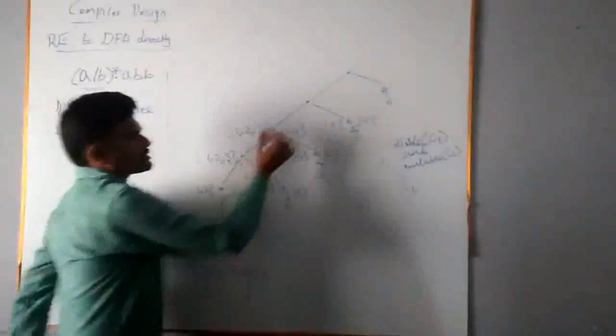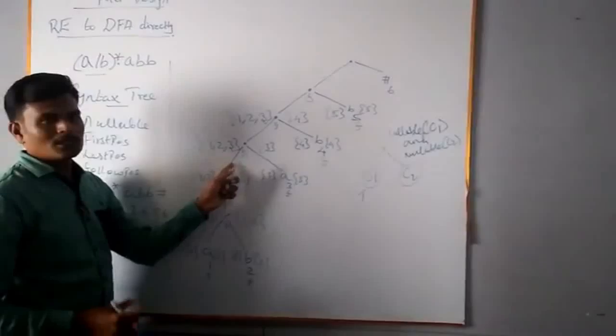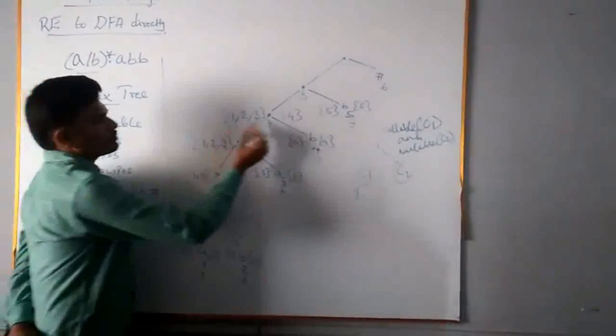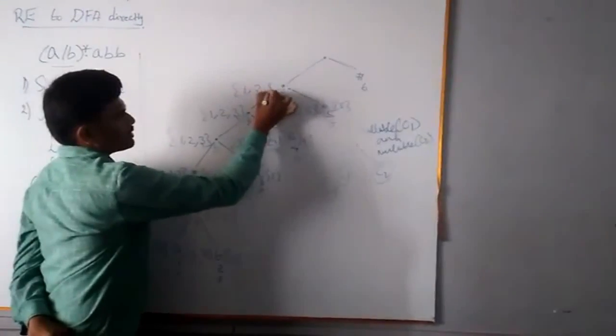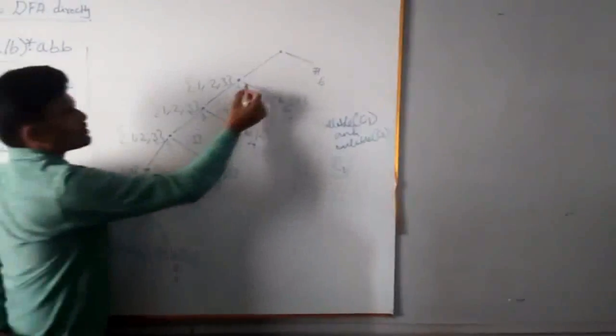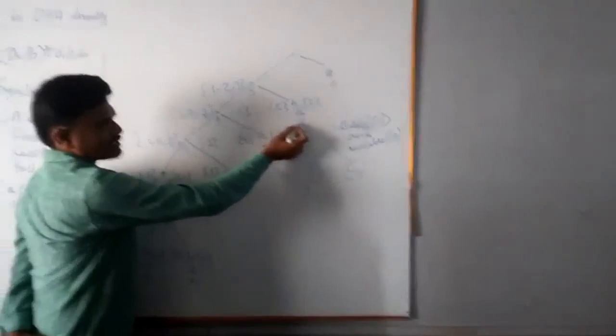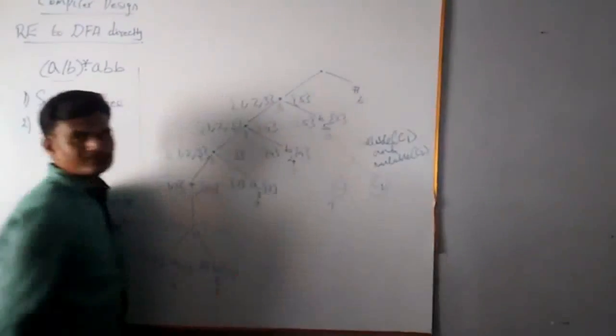So false or false is false, and then we have to find the first position, same as for the remaining ones which we have seen. So here nullable of C1 is false, so then automatically the answer will be 1, 2, 3, right? And next we have to find the last position of this node, and here it's false, and then the answer will be 5.